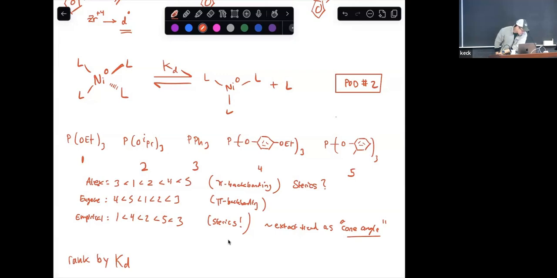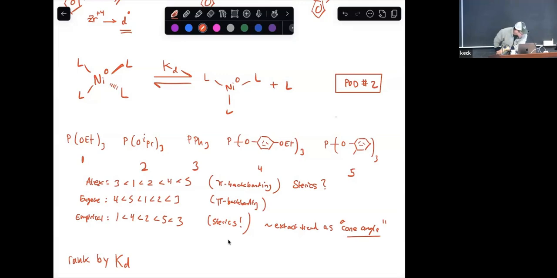So there are a couple of comparisons that you make here, so let's talk about sterics. With triphenylphosphine versus triphenylphosphite, you have this intervening spacing atom. So the steric bulk of the ligand gets pushed farther away from the metal center in a phosphite versus a phosphine. So that's why triphenylphosphine is so far on the right.